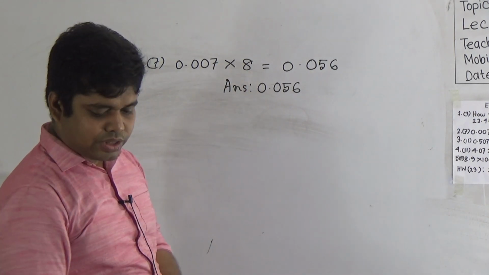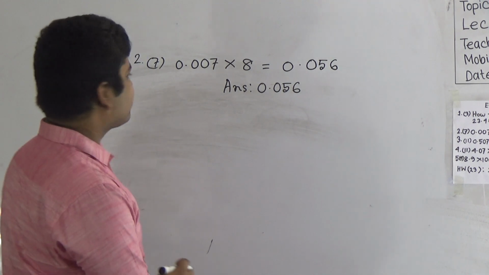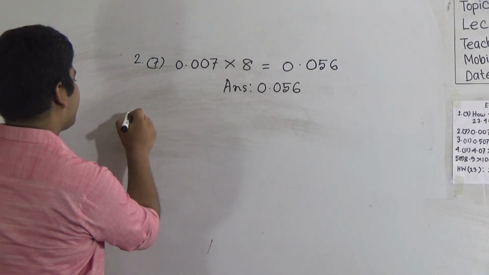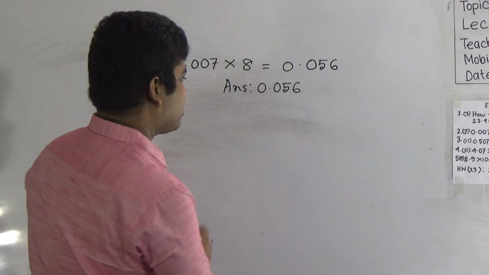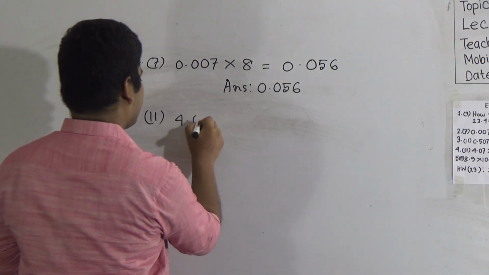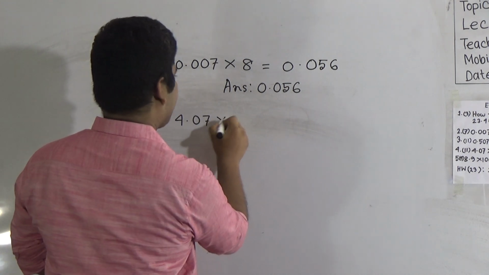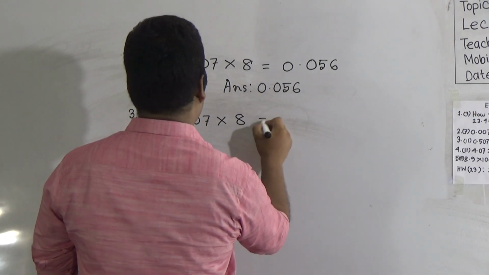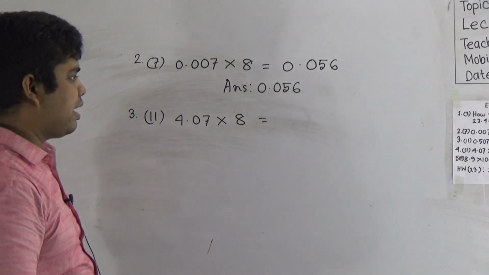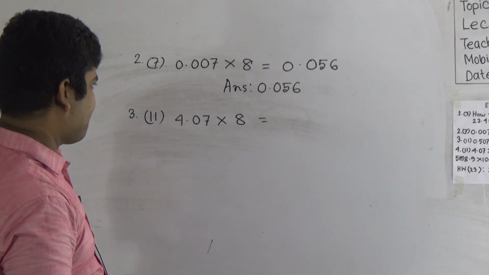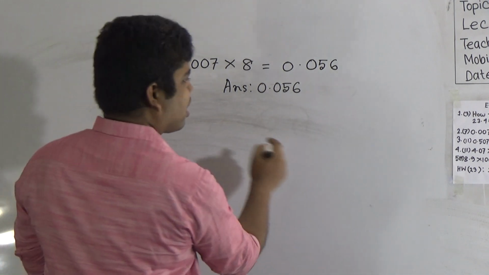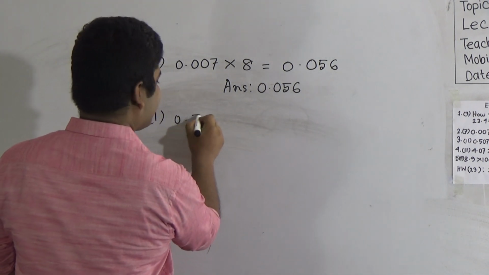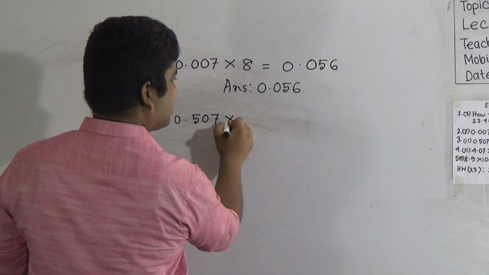Okay. Next we shall solve question number 3. From 3 we shall solve question number 11. Here the question is 0.507 multiplied by 8.